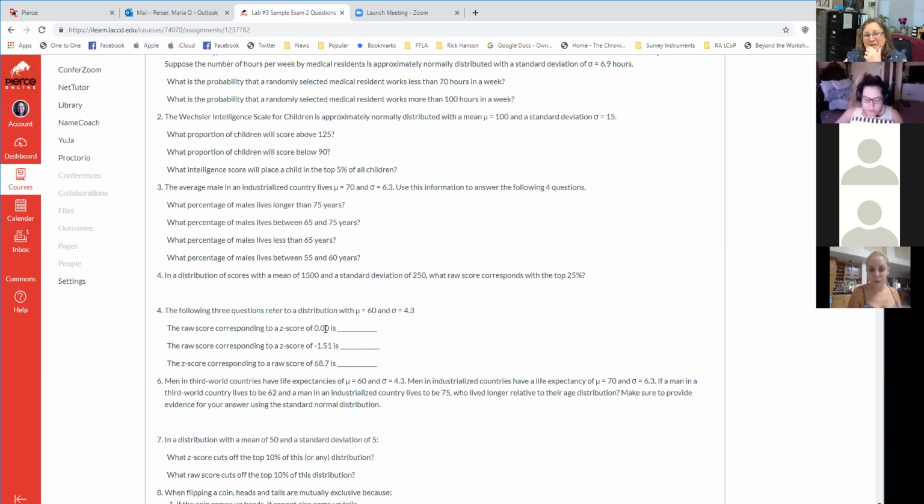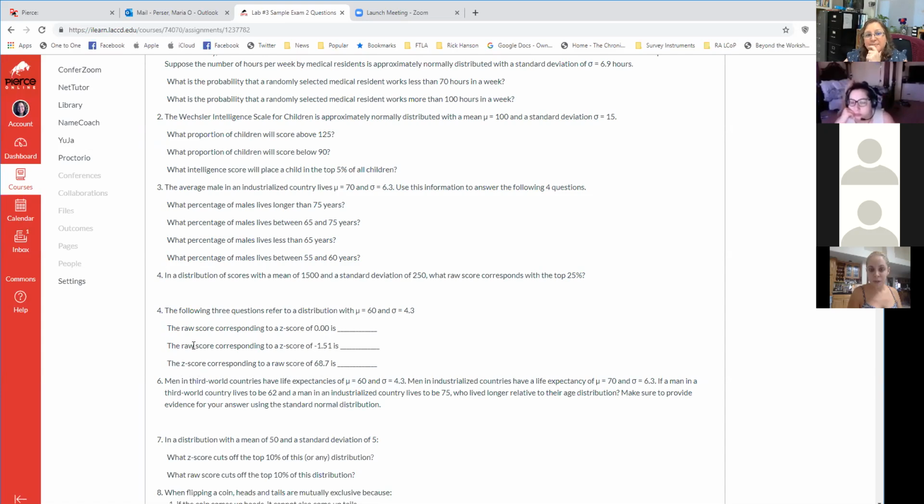And this is telling you that you're 1.51 points below the mean. And then now the third is the z-score corresponding to a raw score, so we go back to the z formula. It really depends on what the question is actually asking you.